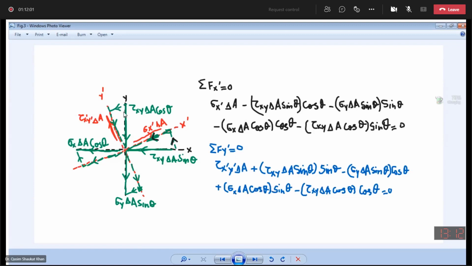Then the next one is tau xy delta a cos theta. It has its component about the y dash axis, this one.